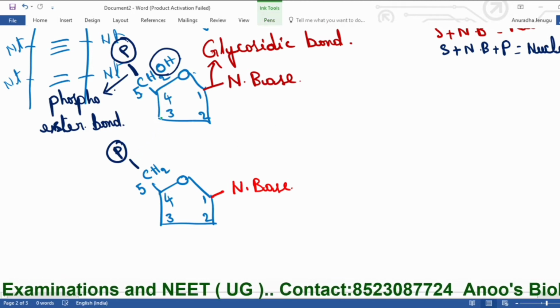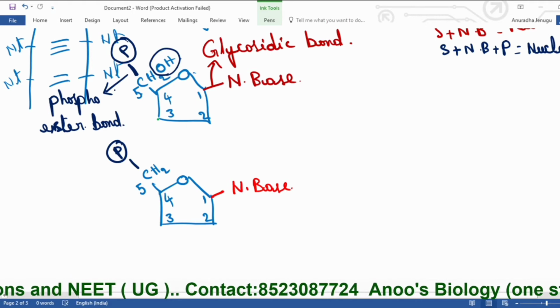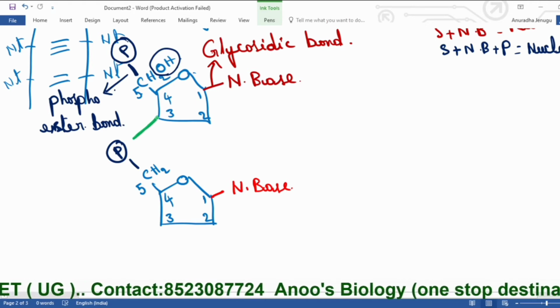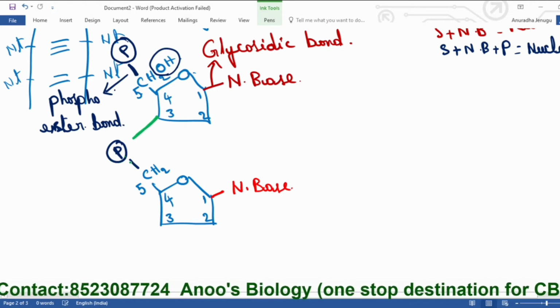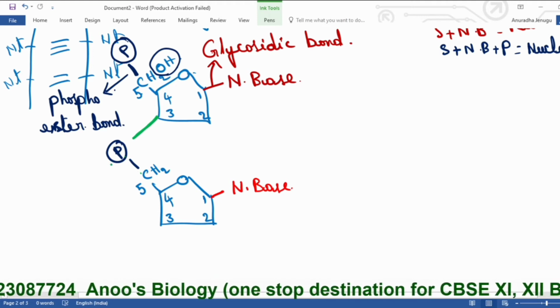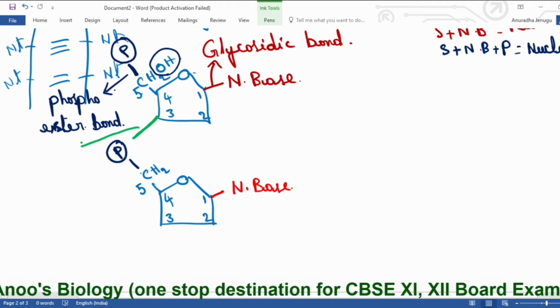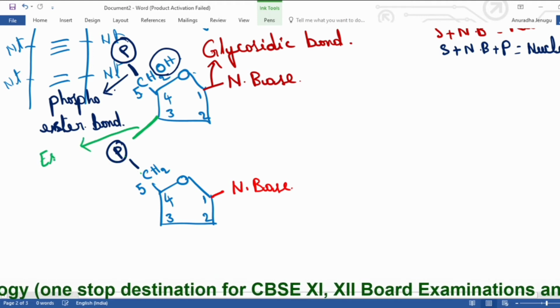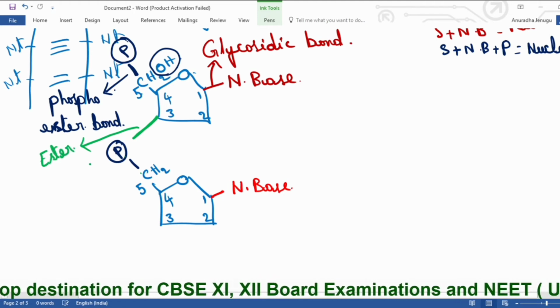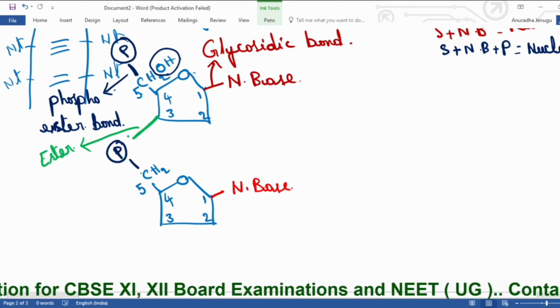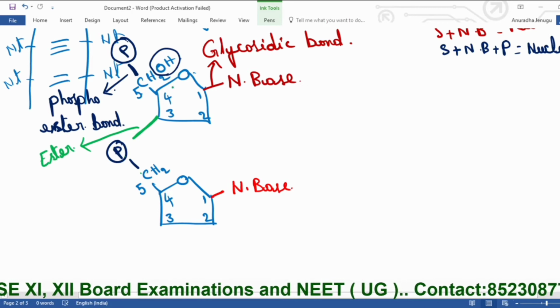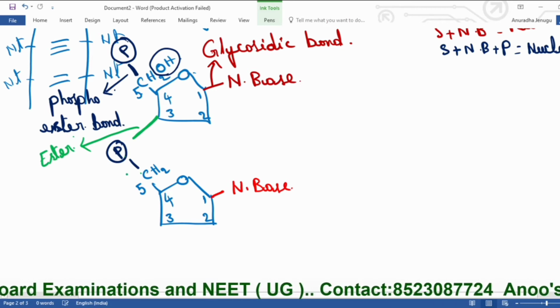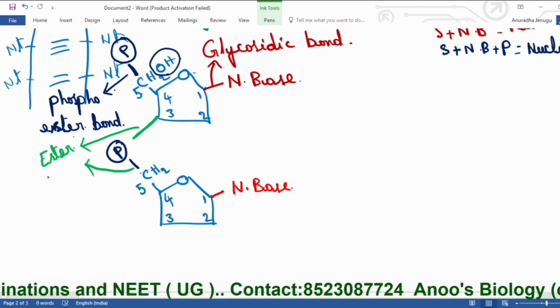That bond is formed between the third carbon atom of the sugar of the first nucleotide and the phosphate attached to the fifth carbon atom of the sugar of the next nucleotide. So this is one ester bond formed between the phosphate of one nucleotide and the sugar of the adjacent nucleotide. This is one ester bond and this is another ester bond.